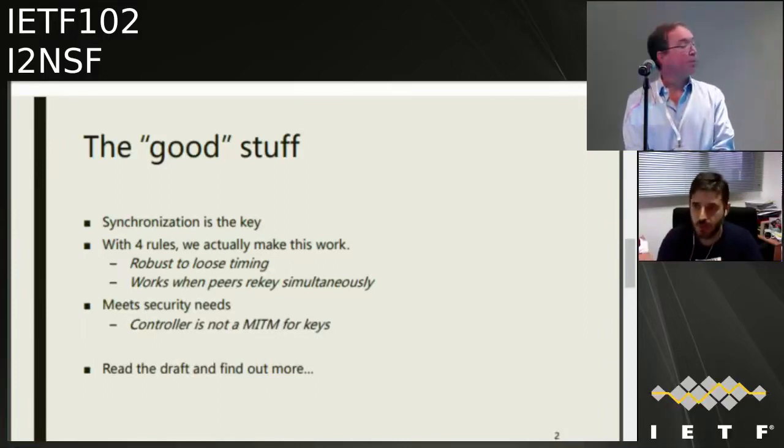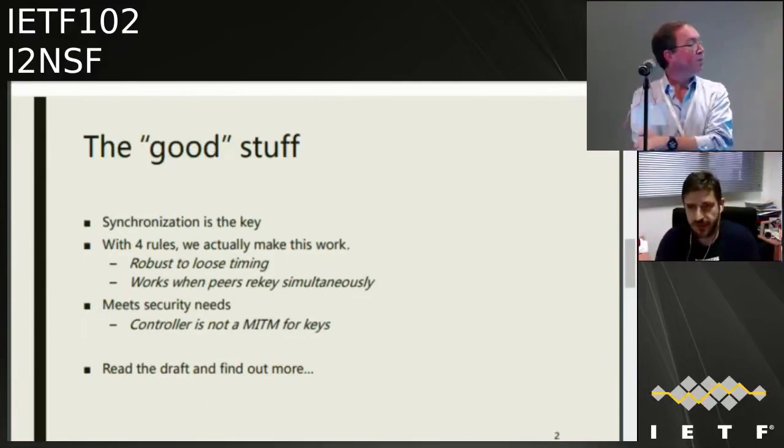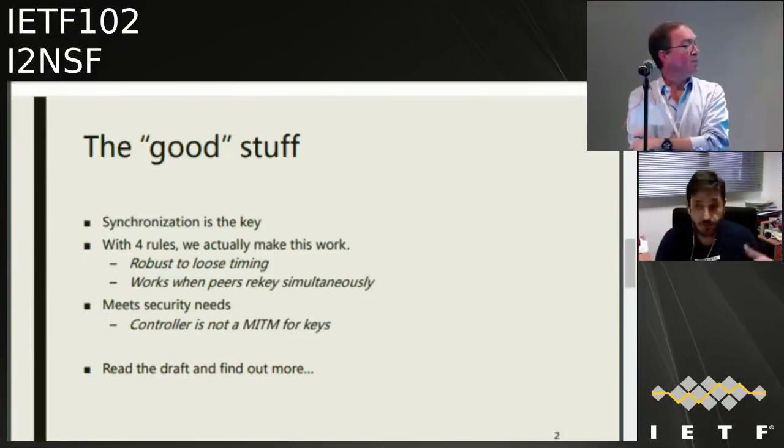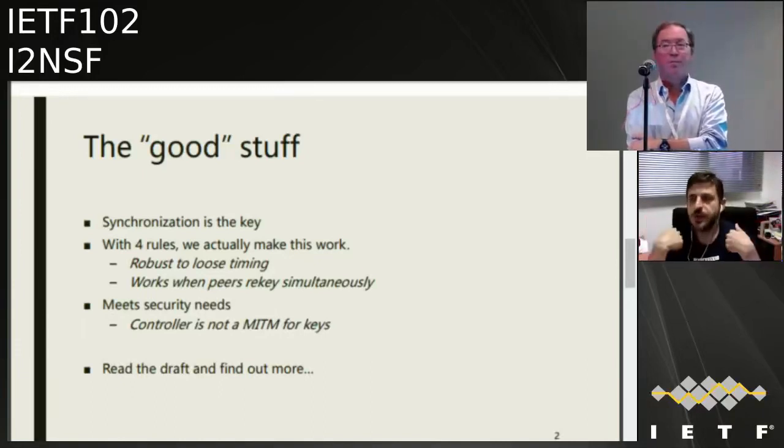My previous comment was, of course, that at some point the controller needs to send the IPsec security association, inbound and outbound, to the two different NSFs, for every key. Correct. What we are doing right now in case 2 is we send all the information, including the key for the inbound and the key for the outbound.